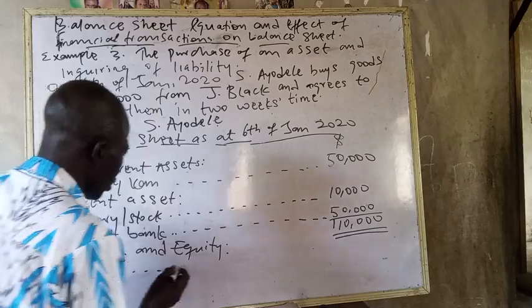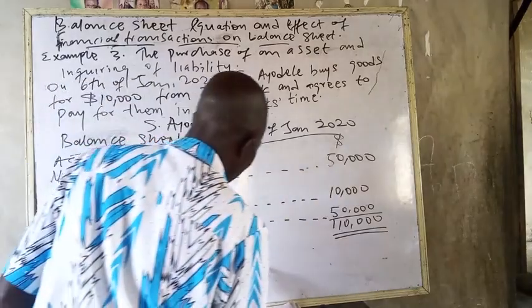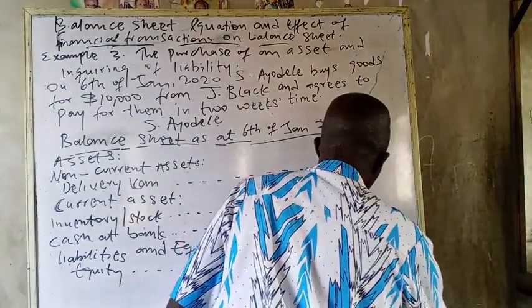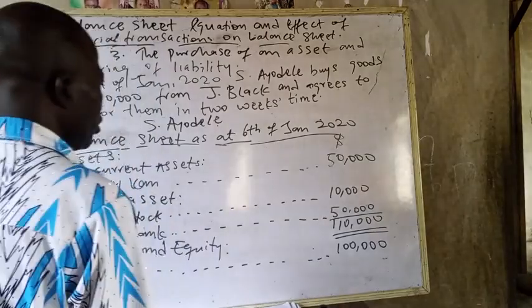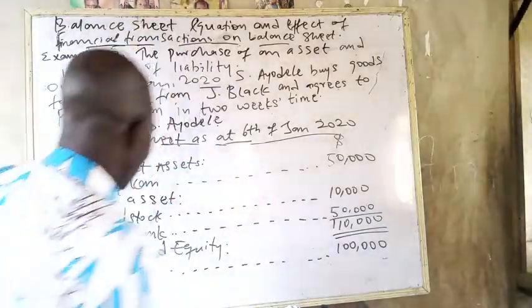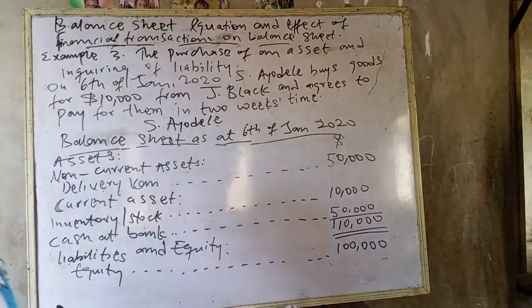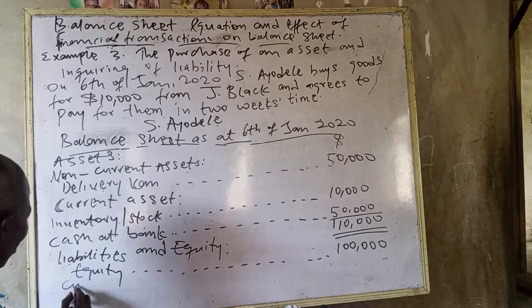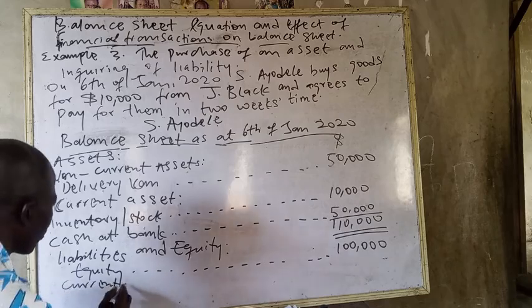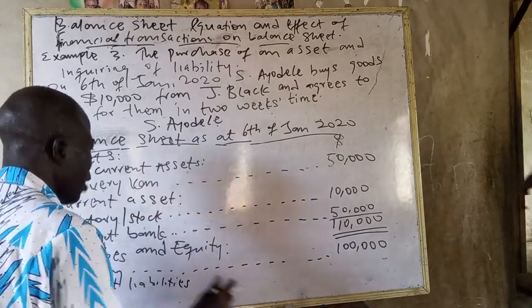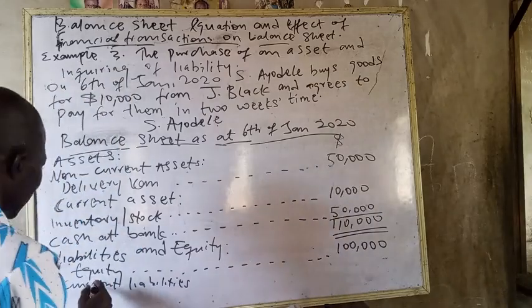And what is the capital? It's $100,000. Then liability now comes in, and that is the current liabilities.